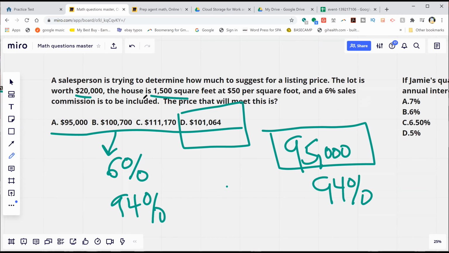So what you could do is back 6% out of each of these numbers and see which one would yield 95,000, or you could understand that 95,000 is 94% of one of those numbers. Either way, you have to understand that we have not gotten to 100% yet.